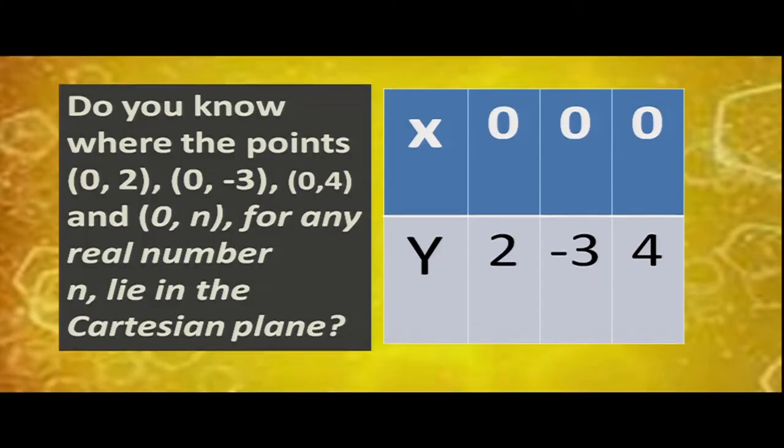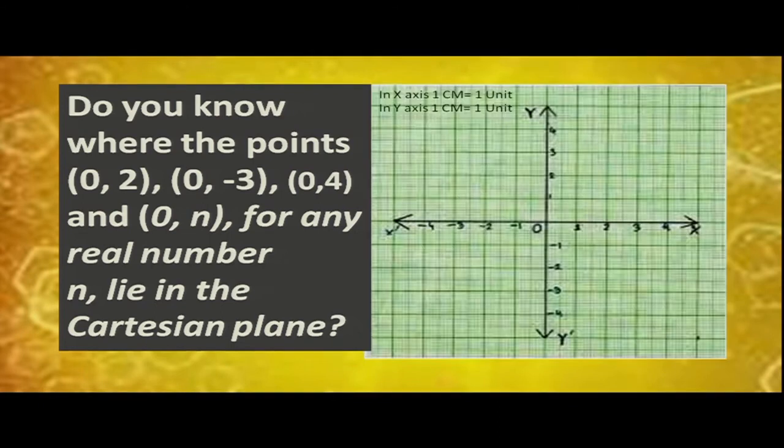Now let's have a look at the points (0, 2), (0, -3), (0, 4) and (0, n), for any real number n, in the Cartesian plane. Let's plot the point (0, 2). The point (0, 2) is on the y-axis.